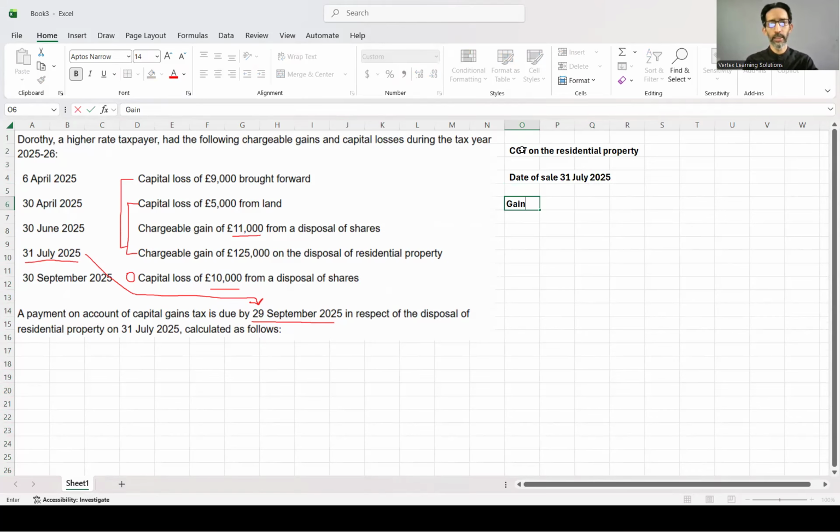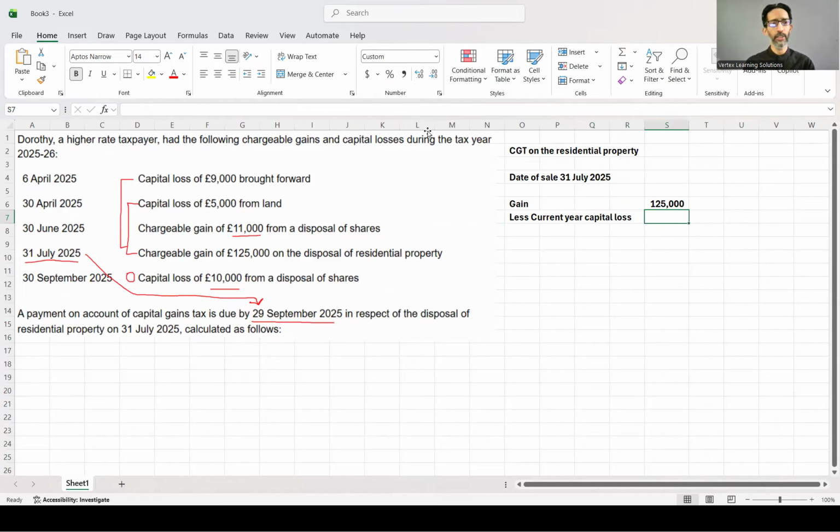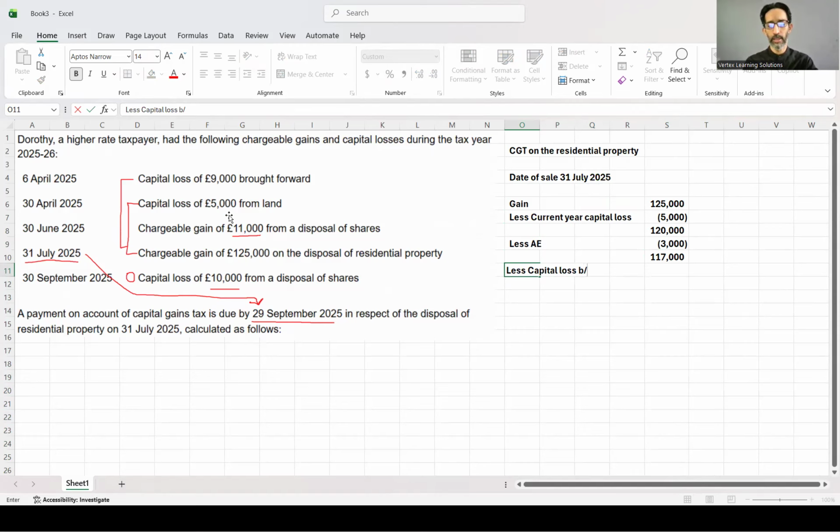So we have this gain of 125,000. From this gain, we deduct the current year capital loss, which is from this land, which is 5,000. So we're left with 120,000, and then we take the annual exempt amount, which is 3,000, and we're left with 117,000, and from this one we take away the capital loss brought forward from the previous year. So that is 9,000.